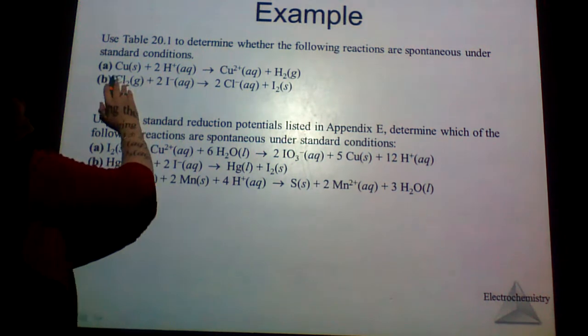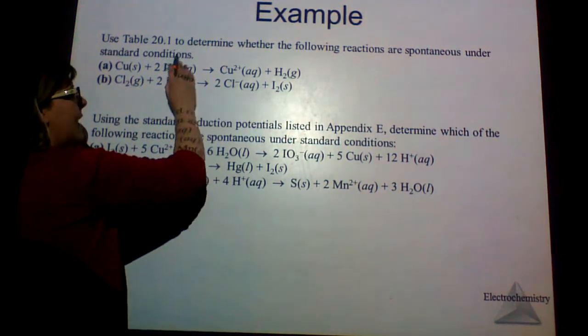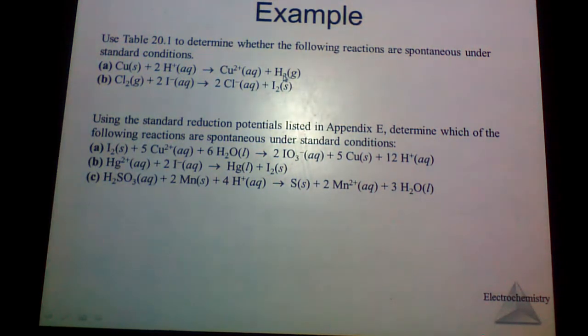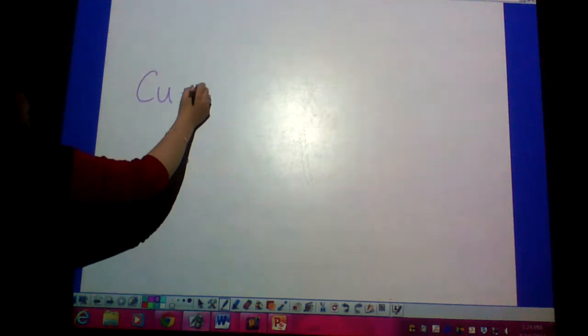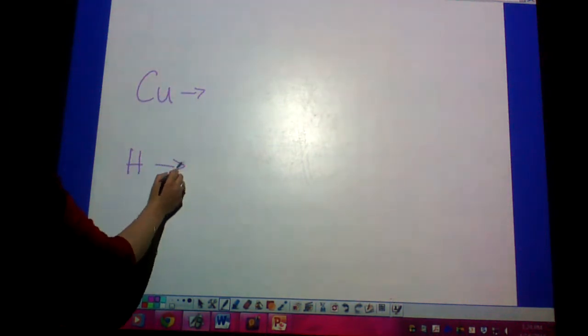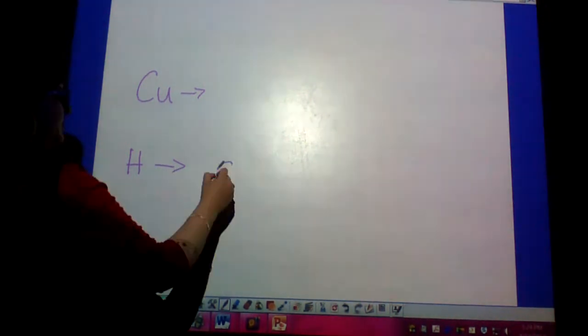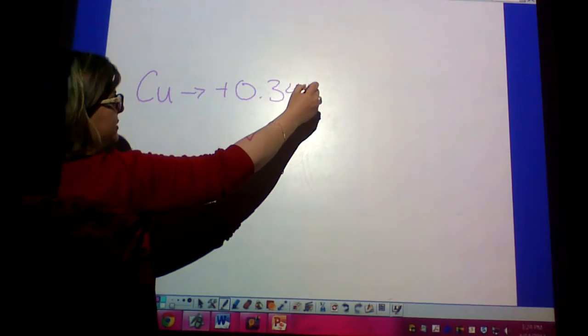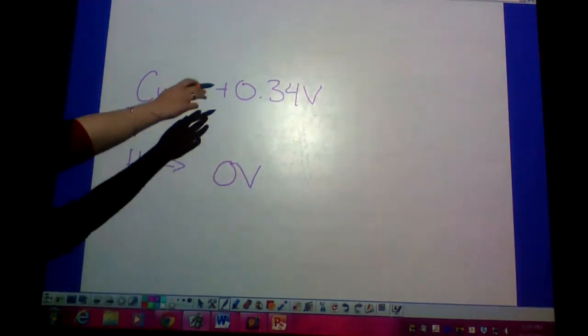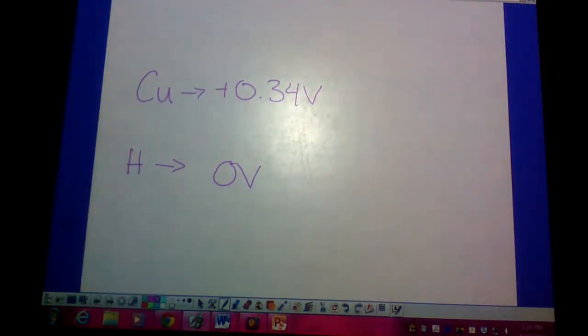So if copper is oxidized and hydrogen is being reduced, I want to look up their values on my standard reduction potentials chart. For hydrogen, we should have 0 volts, and then for copper, we should have a positive 0.34 volts.